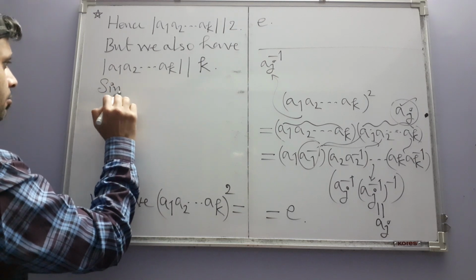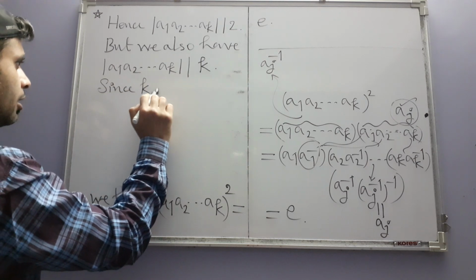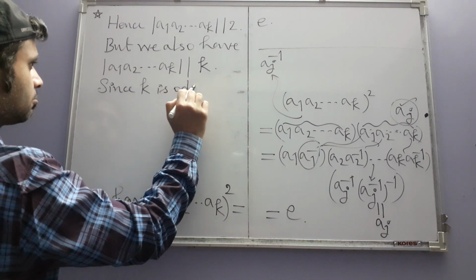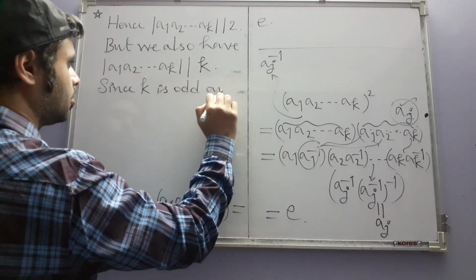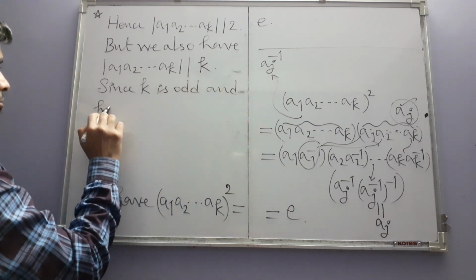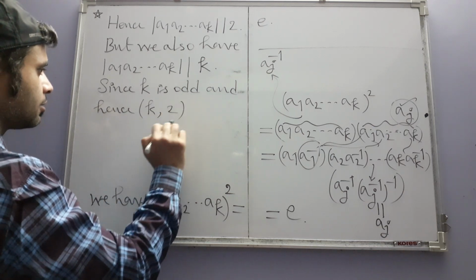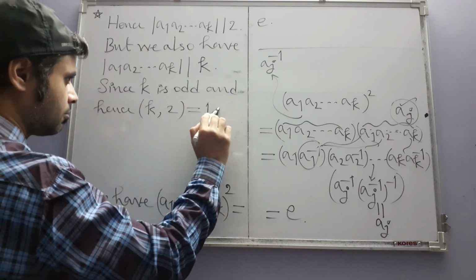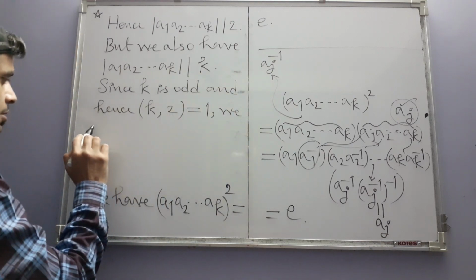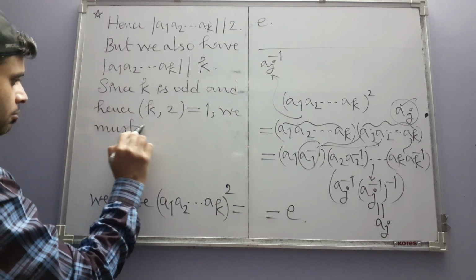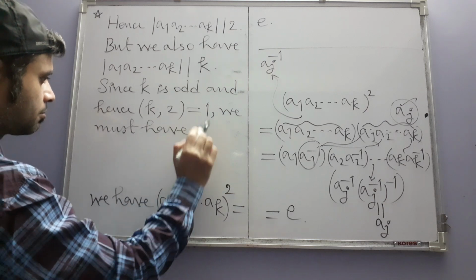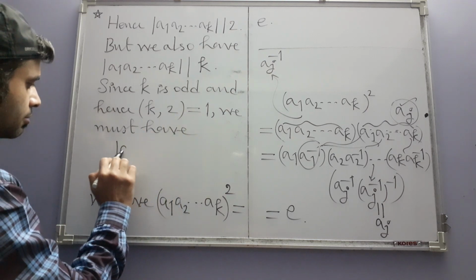Since K is odd, and hence the GCD of K and 2 is 1, we must have this fact.